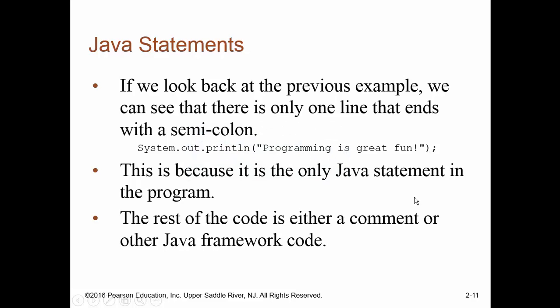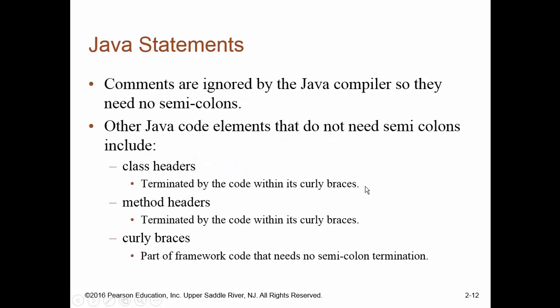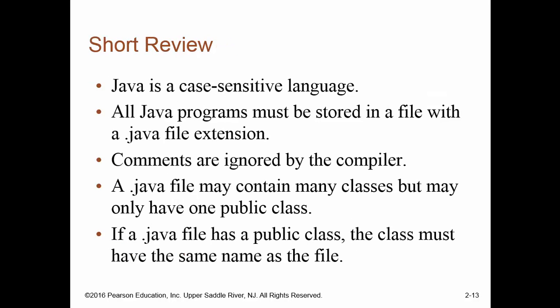Everything else that's in there, as mentioned, is either a comment or some other kind of Java code. Comments do not need semicolons. Class headers do not need semicolons. Method headers do not need semicolons. Curly braces do not need semicolons. Virtually everything else does. We already mentioned earlier that Java is a case-sensitive programming language.